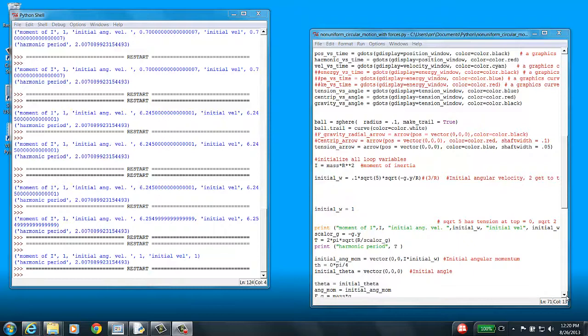So I have used a rope length of 1 meter, a mass of 1 kilogram. I'm always going to start it in the downward position and give it varying initial angular velocity. So let's start out with an initial angular velocity of 1 radian per second, and since we have a radius of 1, it'll be 1 meter per second as well in terms of the linear velocity.